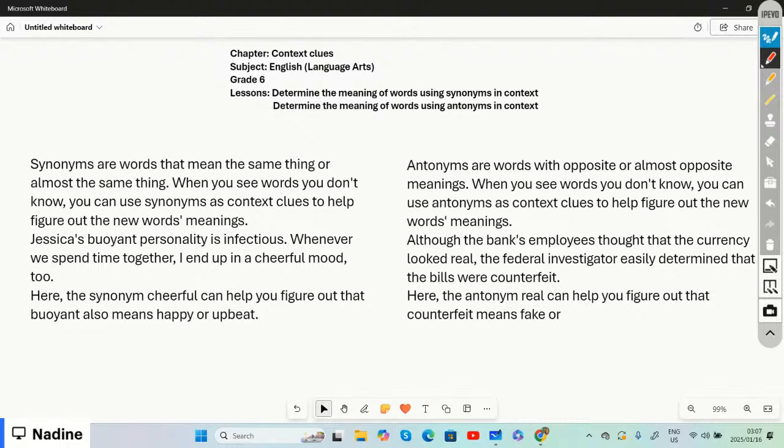And the lessons that we are going to be focusing on under the chapter of context clues is to determine the meaning of words using synonyms in context. And we're also going to determine the meaning of words using antonyms in context.